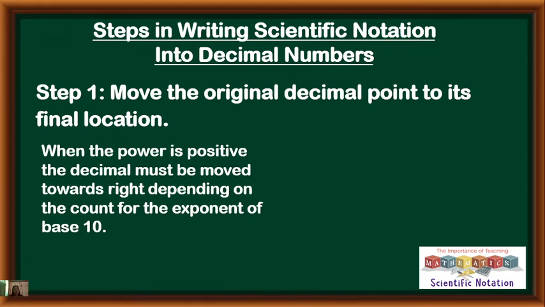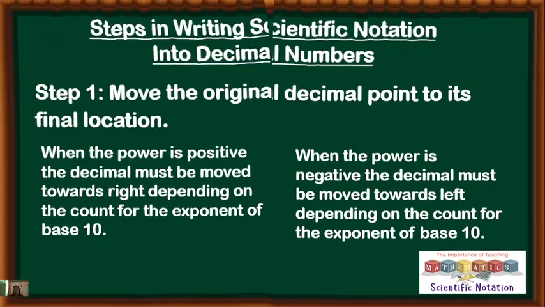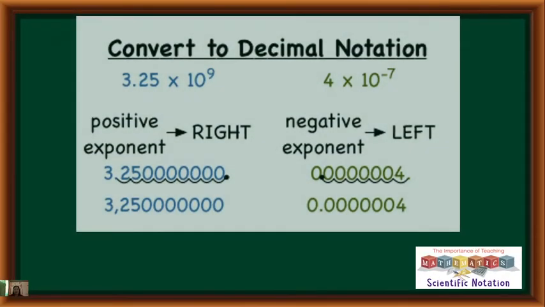When the power is positive, the exponent of our base is positive, the decimal must be moved towards the right depending on the count for the exponent of base 10. When the power is negative, the decimal must be moved towards the left depending on the count for the exponent of base 10.